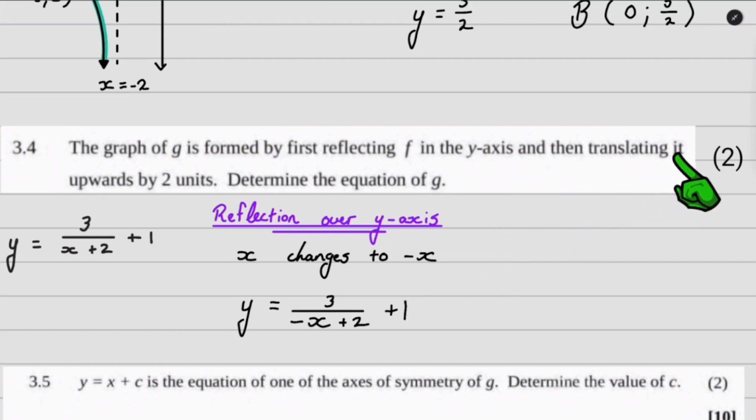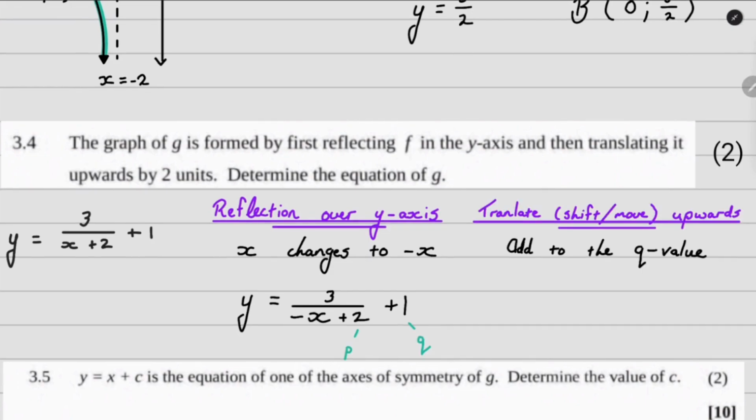Now I'm going to deal with the second transformation, translating it 2 units upwards. So if you're translating up or down, the rule is you add or subtract to the q value. If I'm moving it up, I add it to the q value. So just remember the p value is the one that's next to x, and the q value is the one on the outside here.